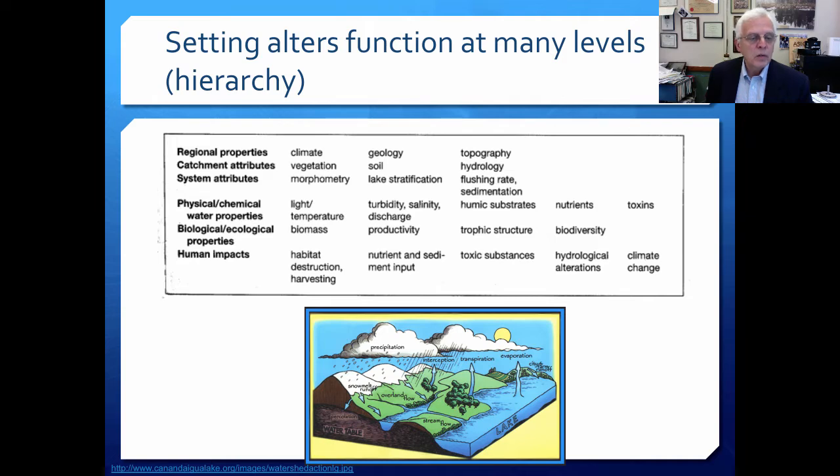And then other biotic effects, that is the human effects such as habitat destruction, harvesting, over-harvesting, nutrient and sediment input, toxic substances, hydrologic alterations, and human-induced climate change, all also have a smaller scale effect on the function of an individual ecosystem. There's a hierarchy of effects that within some effects are on a regional scale, some are on a very small scale, including interactions between minute species of organisms interacting within any given aquatic ecosystem.